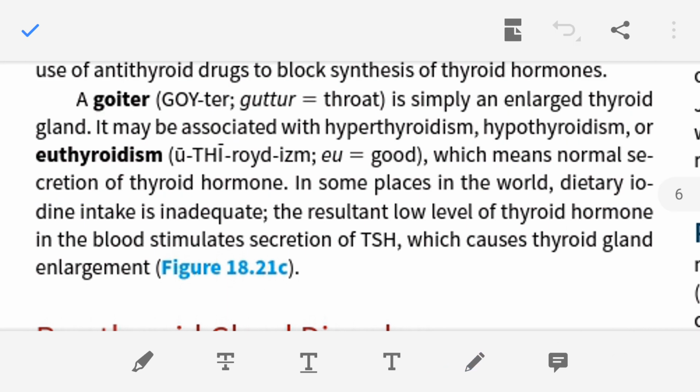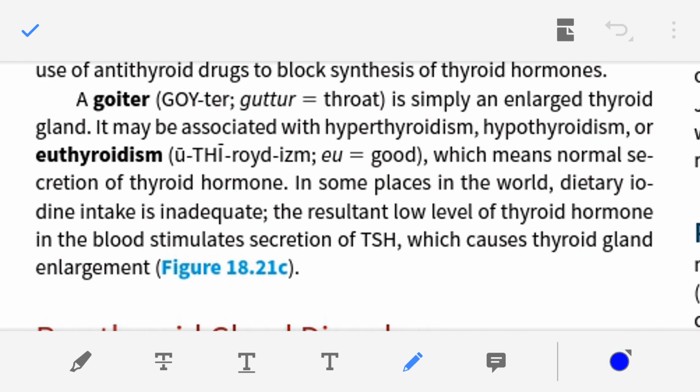Now, the reason why the goiter occurs is that in some places in the world, in the diet, there is inadequate intake of iodine. So people are not getting iodine from the food, and those people who are not getting sufficient iodine in their food, they suffer from goiter.